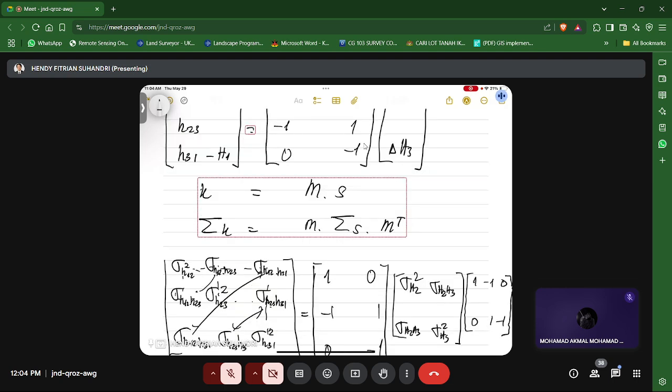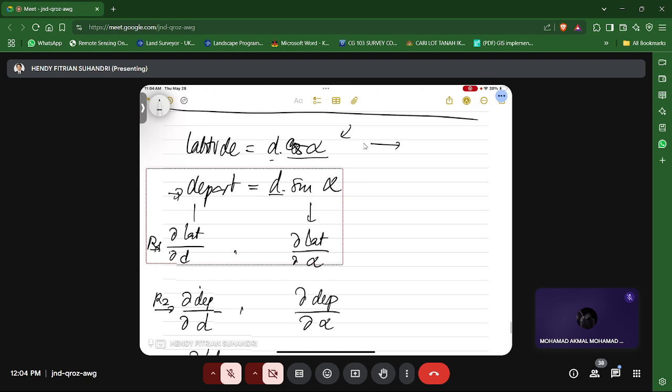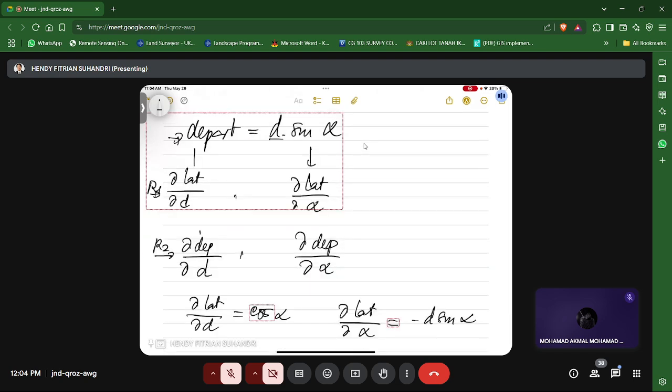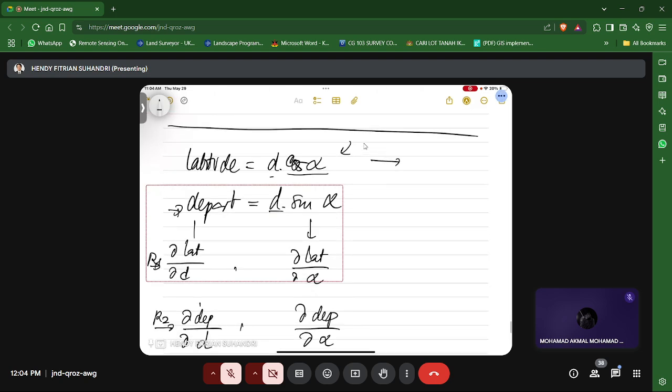So bila dah kita linearize, maka persamaannya kembali ke bentukan general dia, iaitu persamaan 7 yang saya berikan 2 minggu lepas. Jadi sekarang ni you fahamlah.